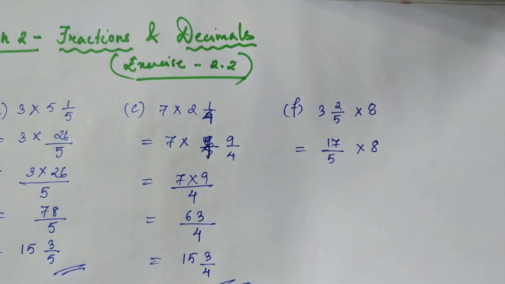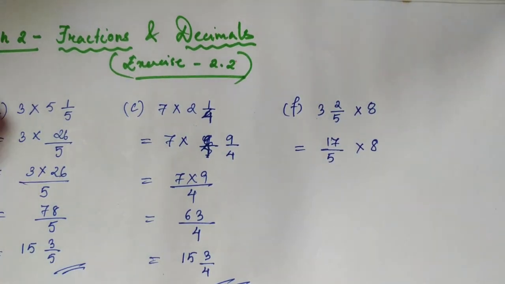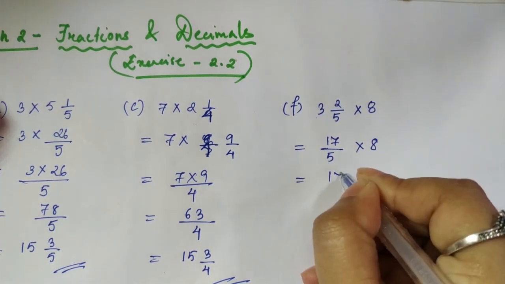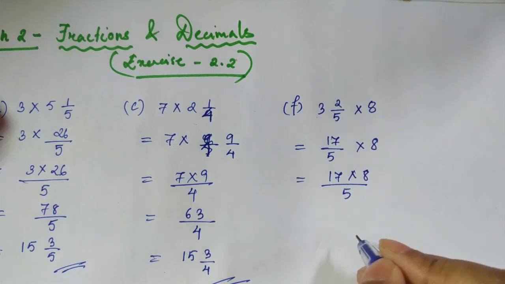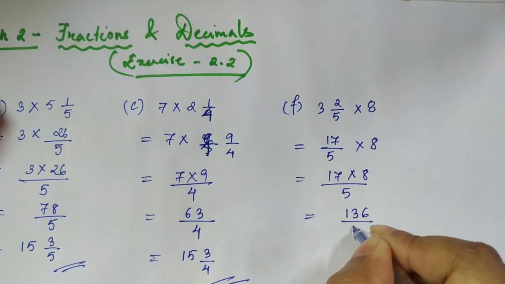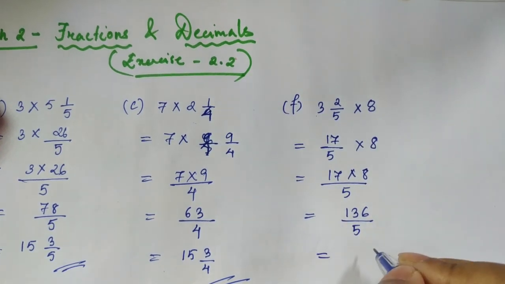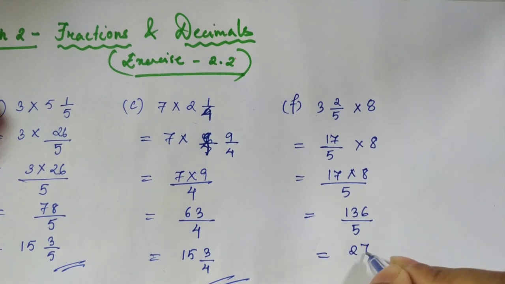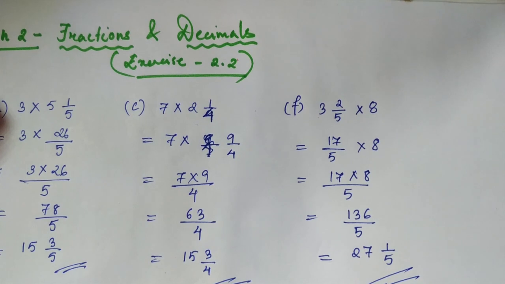It's clear. Now you can see 17 into 8 by 5. 17 into 8, how much will you get? You will get 136 divided by 5. And again convert it into a mixed fraction. You will get 27 1 by 5. So this is your answer.